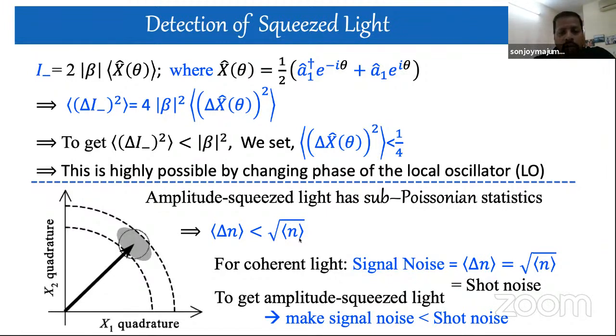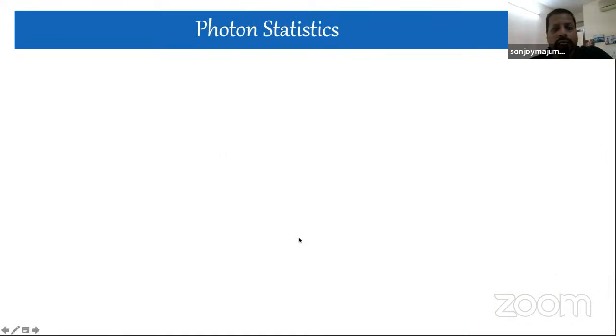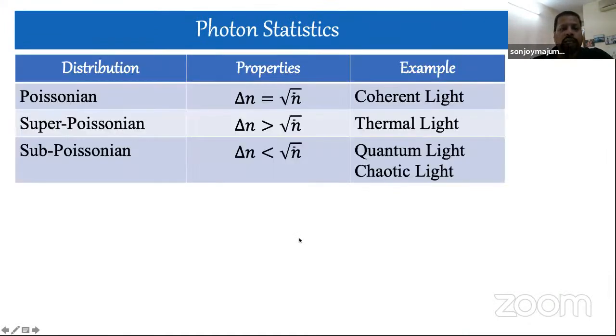According to this understanding, we can easily go through the distributions of the photons for different kinds of light.